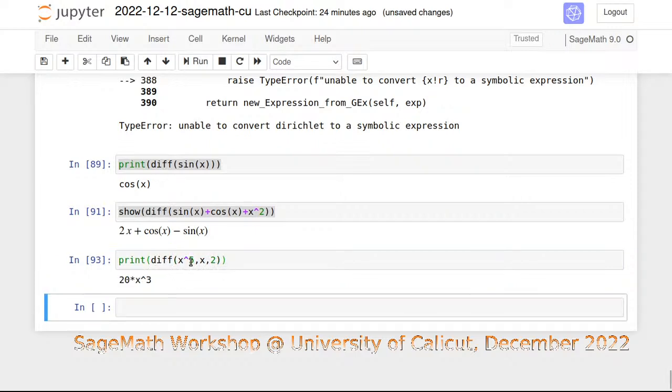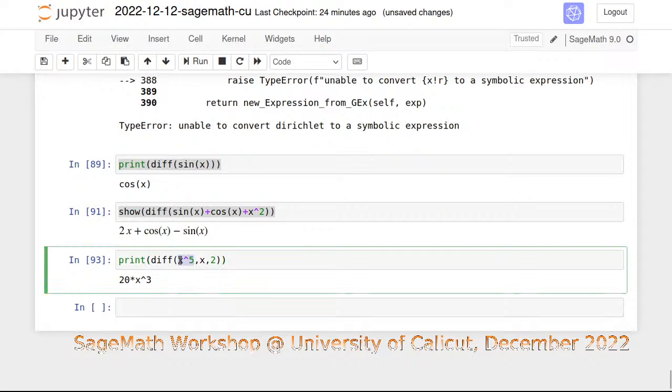So here you can understand that I have taken the first derivative, which is 5x to the power 4, and if we take the second derivative, we will get this.